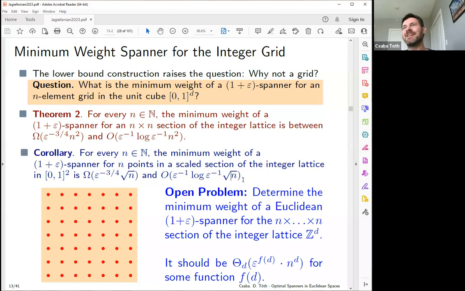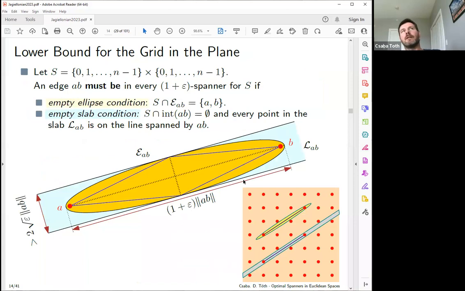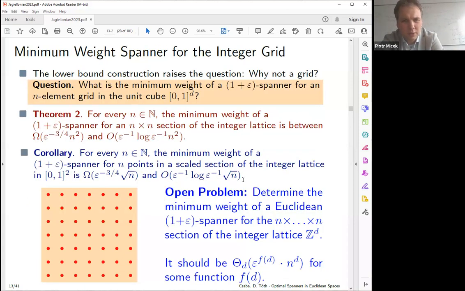But let me just highlight this open problem. It should be known by now, I think, what is the best spanner we can have for a grid. Is the upper bound easy here?